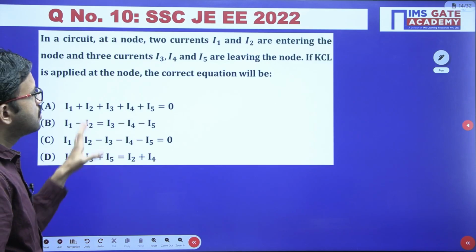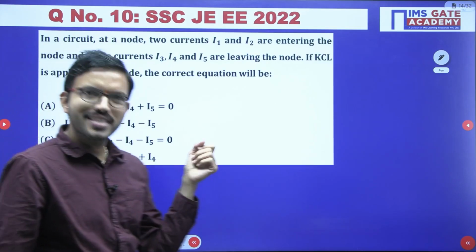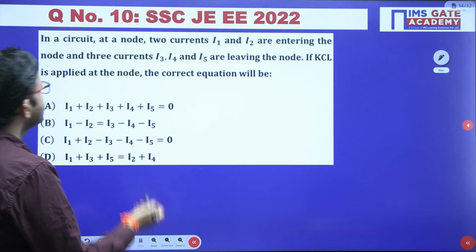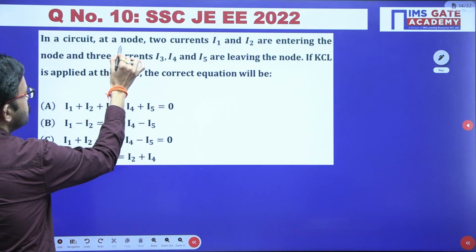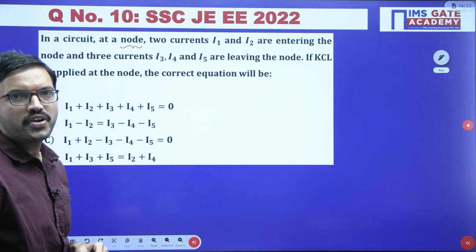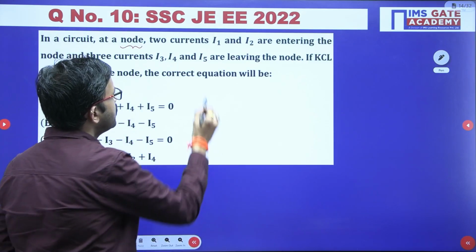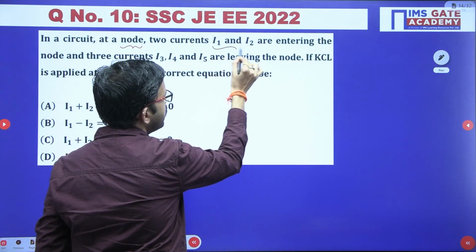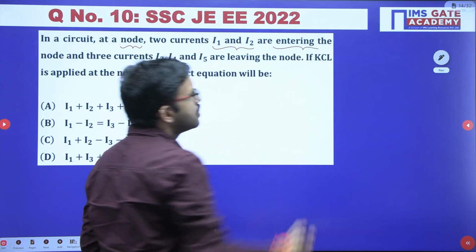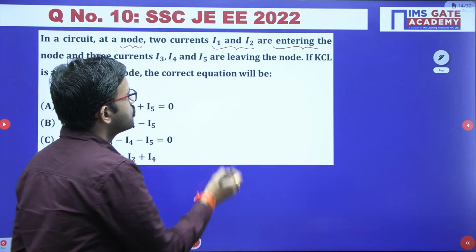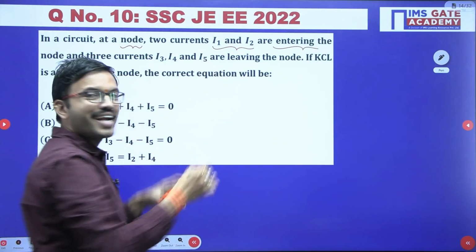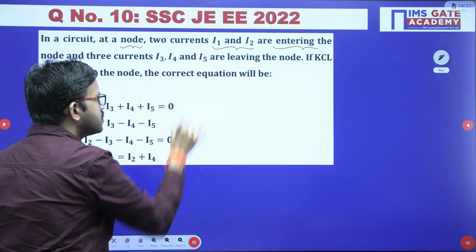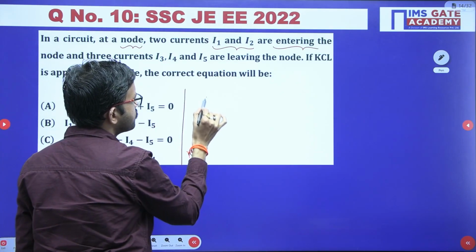Now this is a question based on KCL. You can observe that you have a particular node, and two currents I1 and I2 are entering that node.